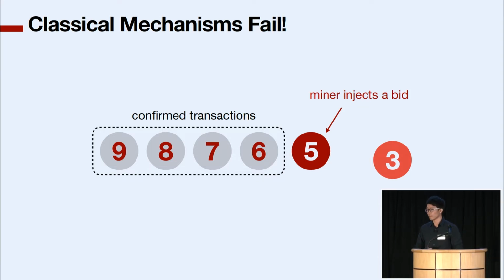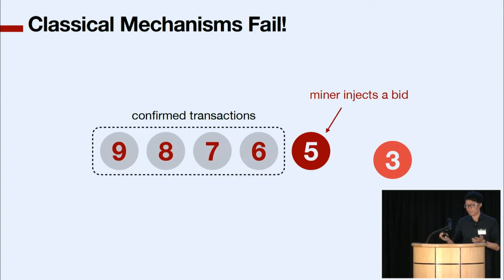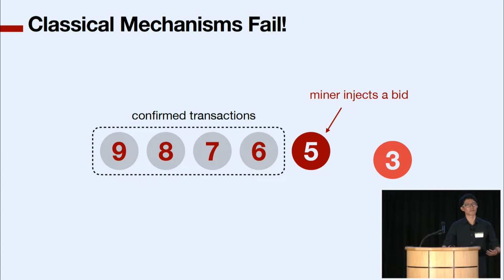That means if we use the second price auction, the miner can just inject fake bids here, and everyone needs to pay more. So if I'm a miner, I'm happy because I earn more. In addition, the miner can also collude with the lowest bidder and say, oh, please don't bid $3, please bid $5, and we can share the profit.